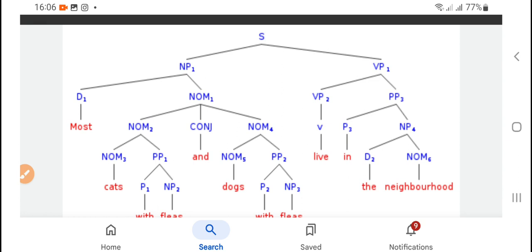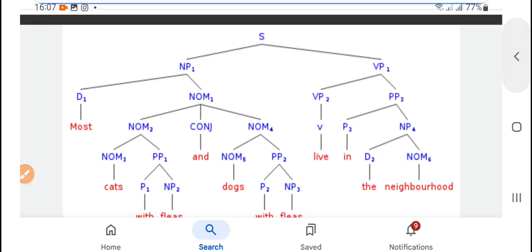A noun phrase, a nominal phrase, that is "the neighborhood". So that is there for the sentence.